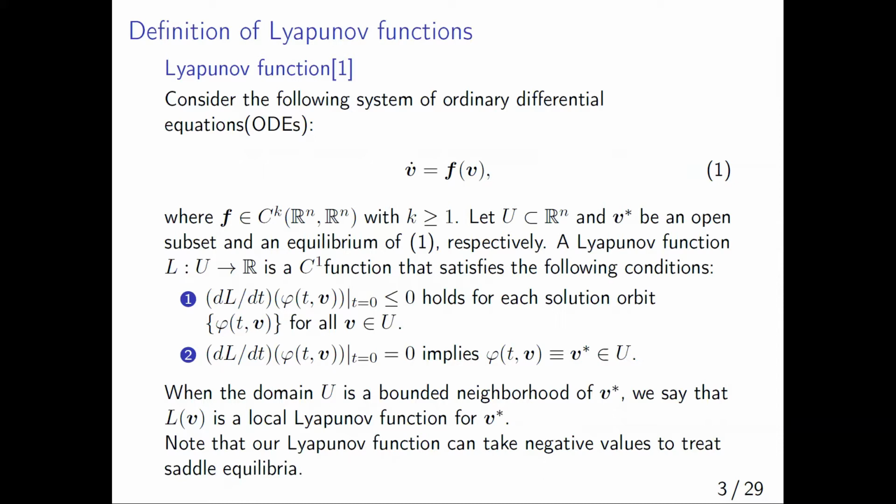If a C1 function L satisfies the following conditions, then it is called a Lyapunov function. When the domain U is a bounded neighborhood of equilibrium V star, we say that L is a local Lyapunov function for V star.